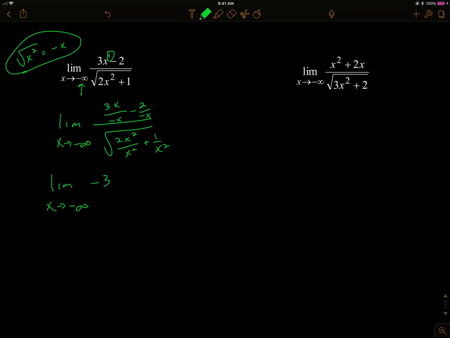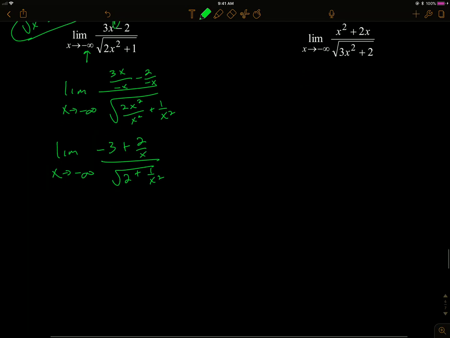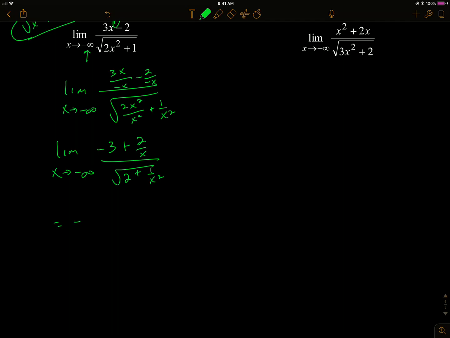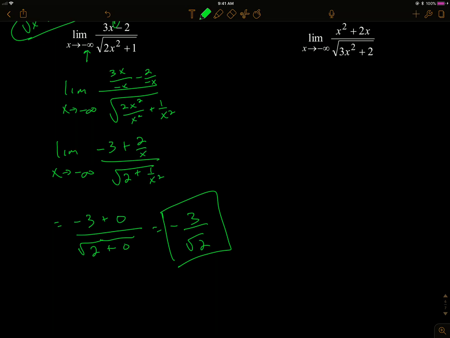I'm going to get negative 3 plus 2 over x over the square root of 2 plus 1 over x squared. So when I plug in negative infinity, I get negative 3 plus 0 over the square root of 2 plus 0. So that's going to give me negative 3 over root 2. And then I don't know if you want to rationalize it or not.